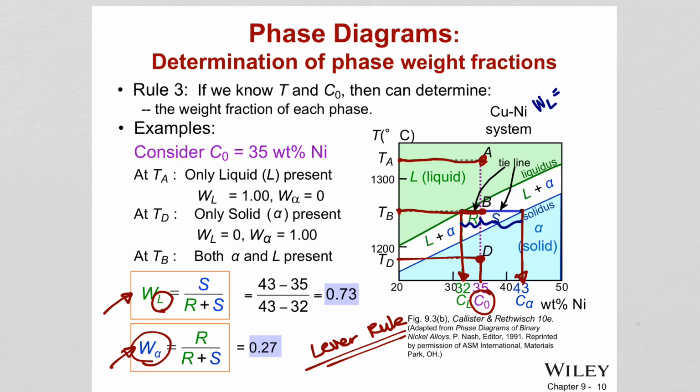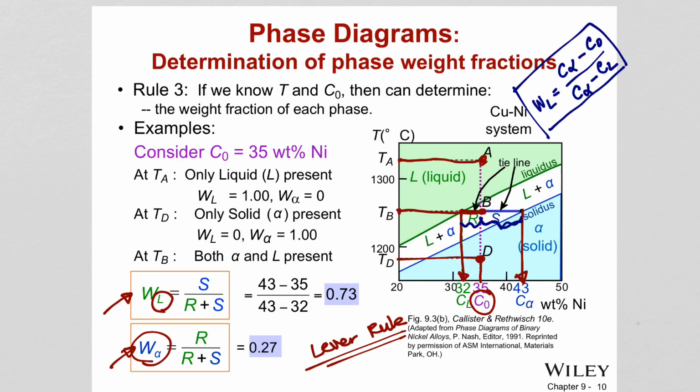S means the composition of alpha minus the initial composition, because that is the distance. Distance S is 43 minus 35, which is the composition of alpha minus the original composition, over the sum of R and S, meaning 43 minus 32, meaning C alpha minus C_L. So the equations will be given to you this way.